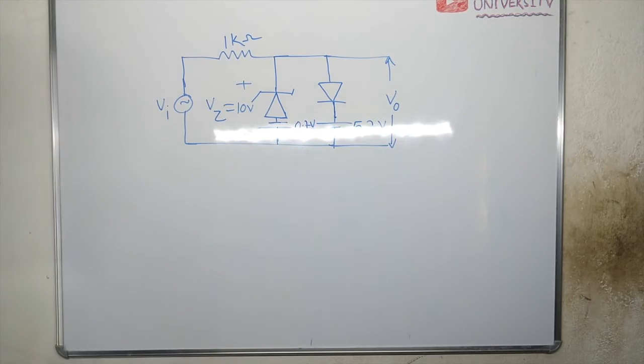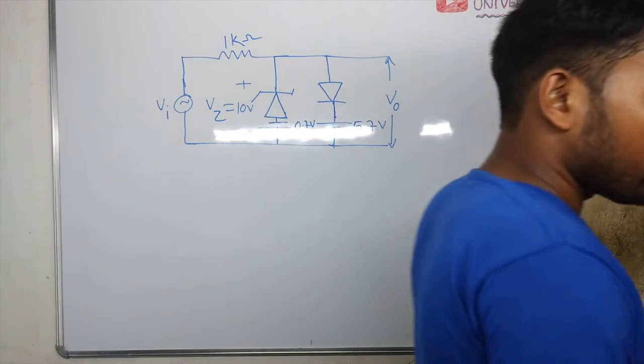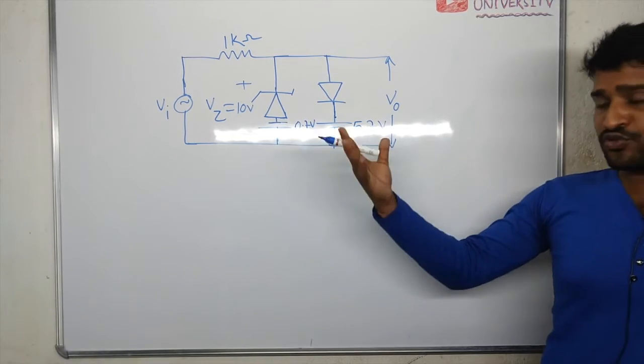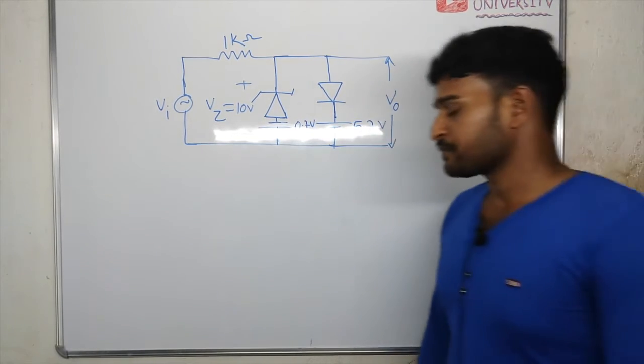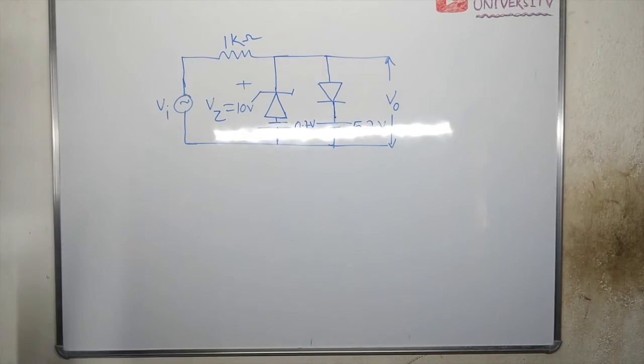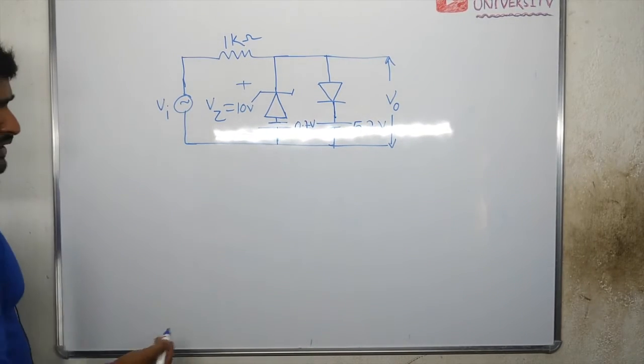And I said that the cut-in voltage of the diodes will be considered only when the diode is forward biased. In reverse bias, we should not consider this cut-in voltage. Okay, now let's solve this question.